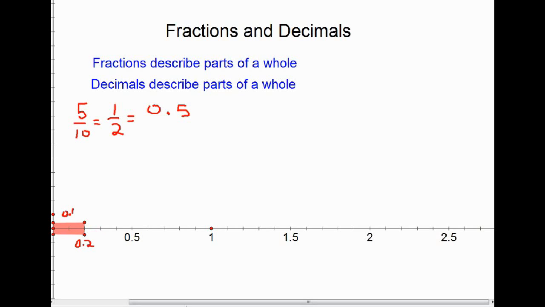Well, if I look at that as a fraction, that's 2 pieces there. We have 2 pieces out of 10 pieces altogether. So we could write that as a fraction, 2 out of 10, and if we reduce that fraction, that's the same as 1 over 5. But as we can see from the number line here, 2 pieces out of 10 pieces of a whole is the same as 0.2.